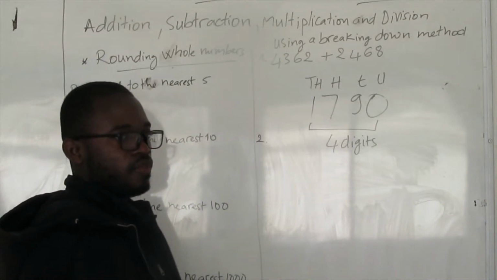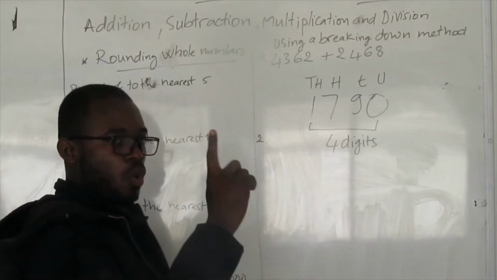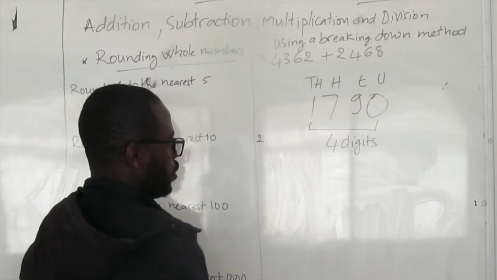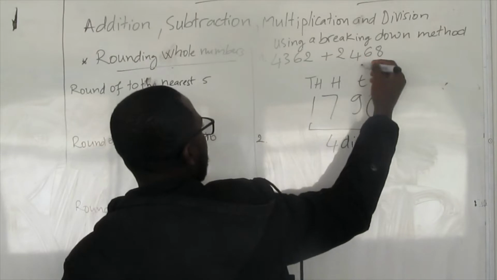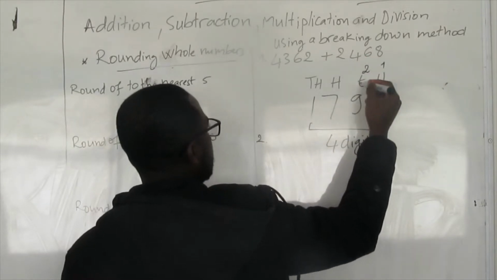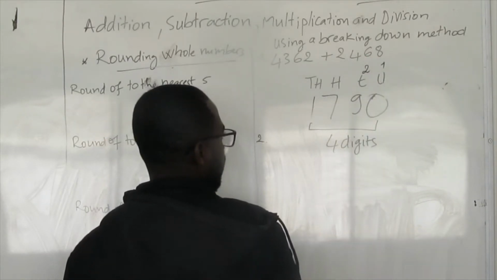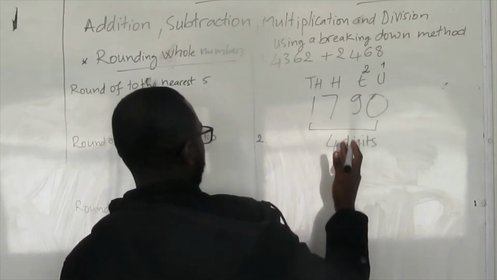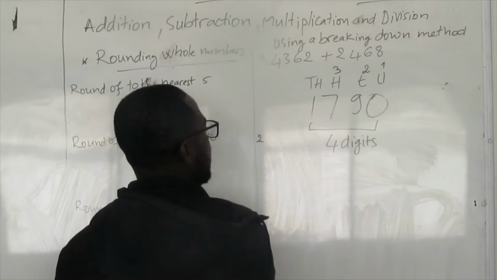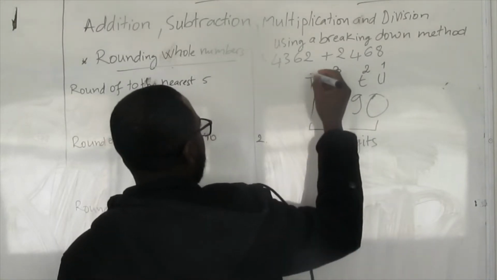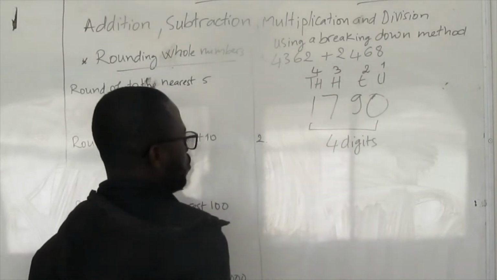So the unit is position 1, then followed by the second position, which is 10. You understand? 10 is occupying the second position, and 100 the third position, and 1,000 the fourth position.